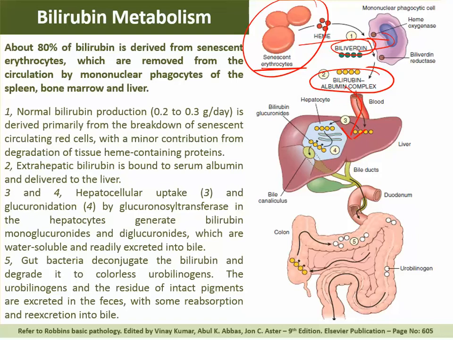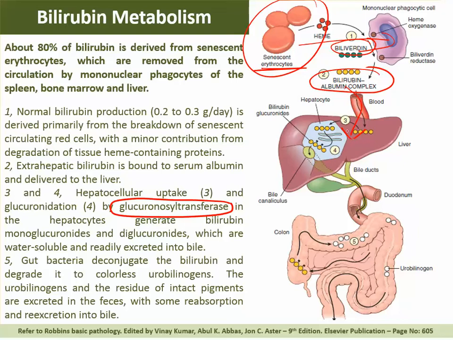Liver cells take it and do conjugation by the enzyme glucuronide transferase. Why do they conjugate it? To make it soluble.